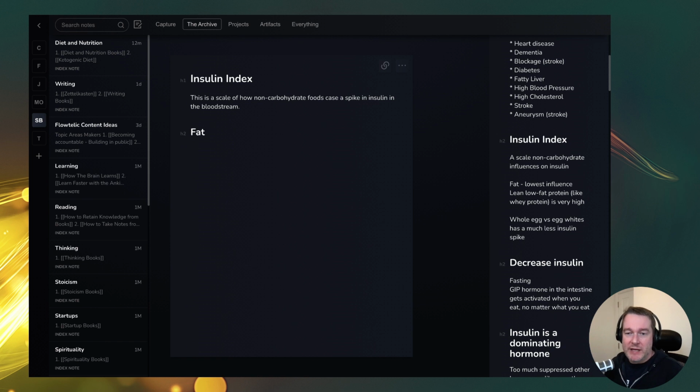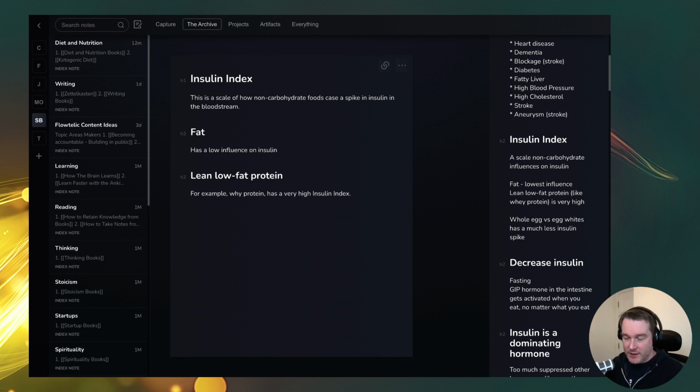So fat, if you're eating fats, has a low influence on insulin. And lean, low-fat protein. Well, let's pull this one out actually as a separate heading. Lean, low-fat protein, for example, whey protein has a very high insulin index.